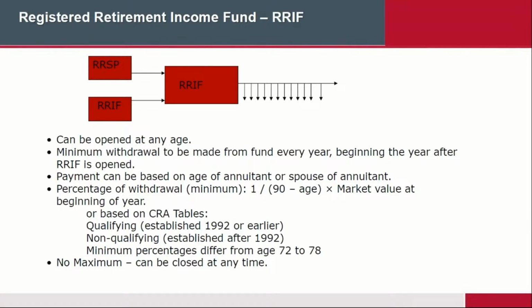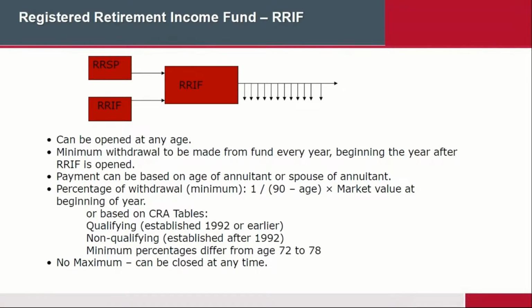So if you had $500,000 in your RSP, and the formula throws up that you must take out 5%, so it's 5% of $500,000, $25,000 basically, divided by 12. That's what you have to take out for that particular year, you see. So that's how they come up with the formula, basically. So it's 1 divided by 90 minus the age, times the market value at the beginning of every year, okay?